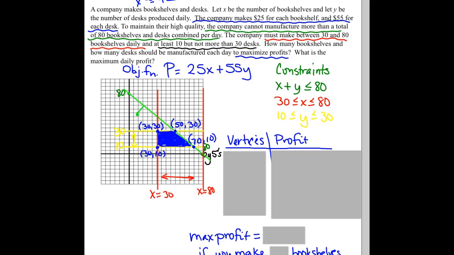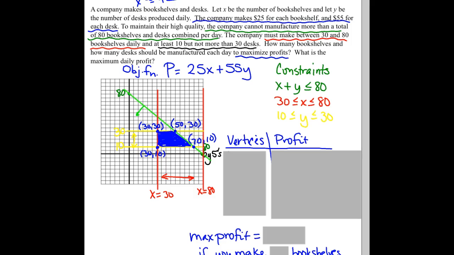Shading in between the red lines, I need to be between 30 and 80 for X. So I really have this box right here, right? And then I cut it off with my diagonal, X plus Y has to be less than or equal to 80. Okay? So you should end up with the blue trapezoid-shaped region. We good with that?